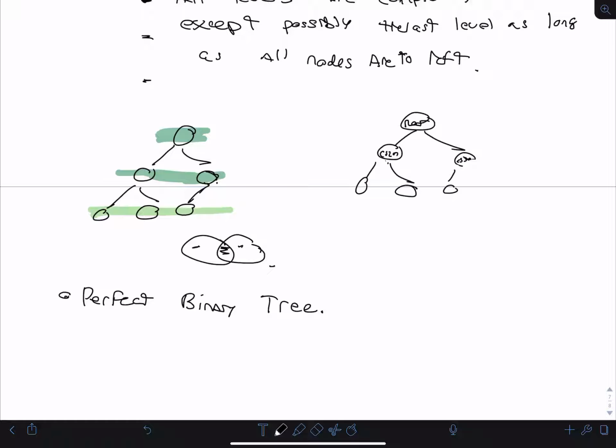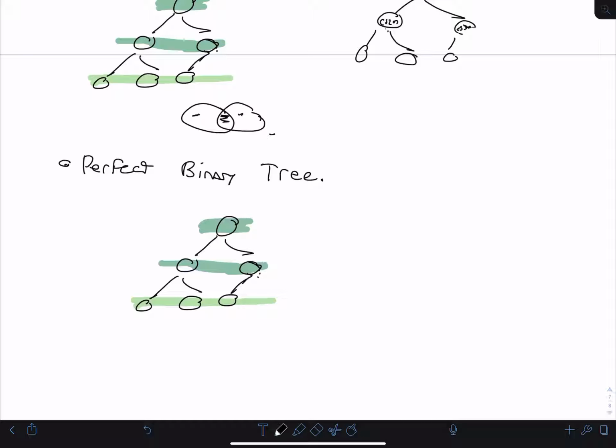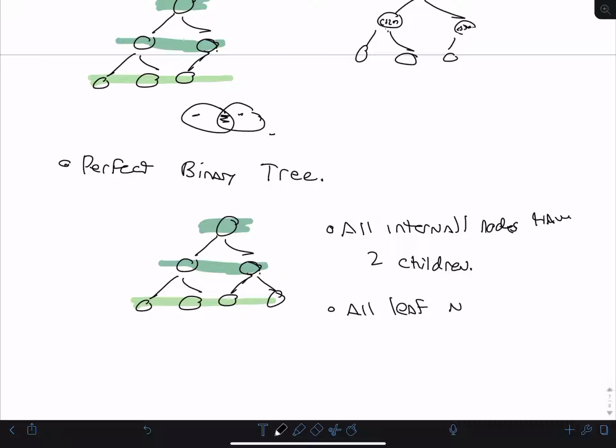So if we took this one and we just threw in that, this is a perfect binary tree. Because all internal nodes have 2 children, and all leaf nodes are at the same level.